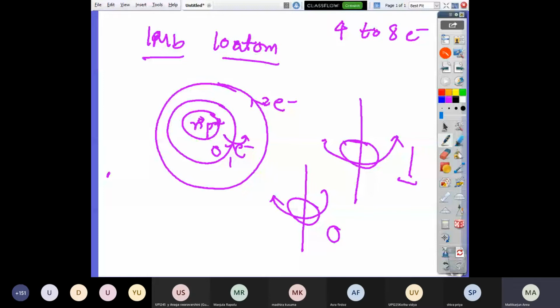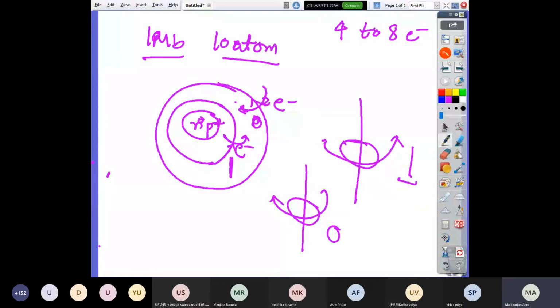Within the atom, zeros and ones are present. If it is spinning like this, one is happening. If it is spinning like this, it represents zero. Don't get confused here. If the electron is spinning like this, it gives you one bit of data, it stores the data as 1. And if the electron is spinning like this, it gives you 0.